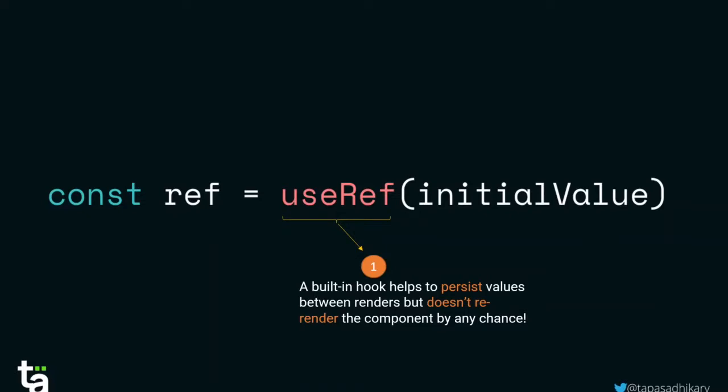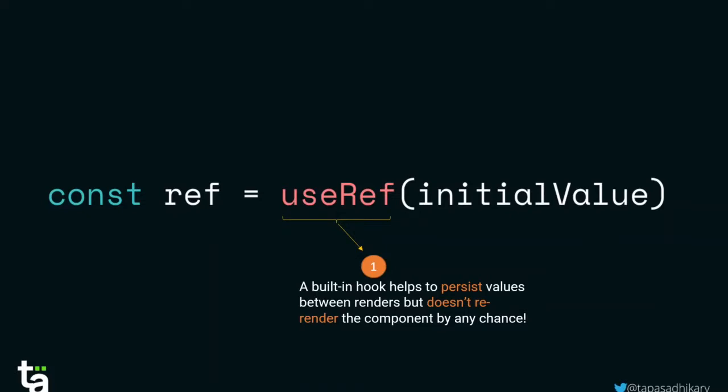useRef is a built-in hook. It means the hook is provided by React. We have not created this hook. And it actually returns something that we can persist between the component renders. It means that there is a value that will be returned, and that value will be persisted or saved in the component's entire life cycle. In between however many renders that component has, we should be able to get and use this value.